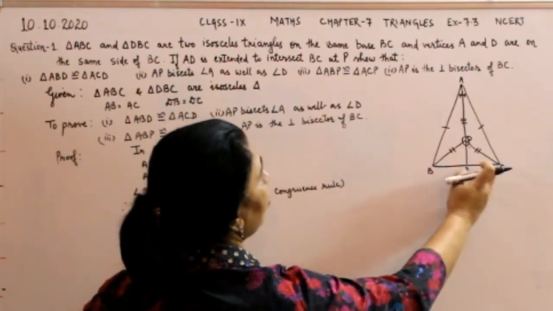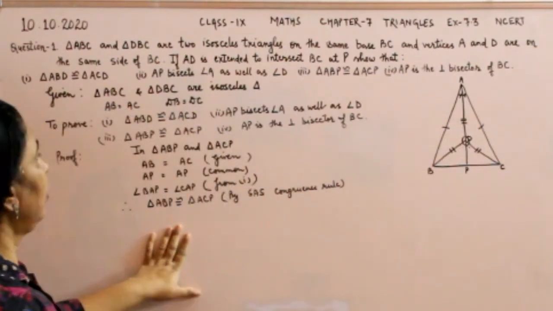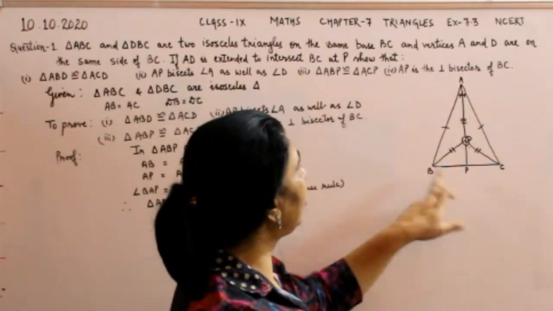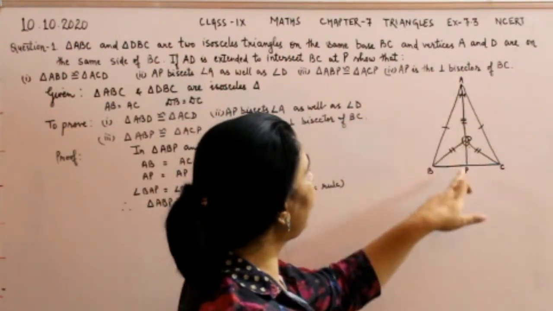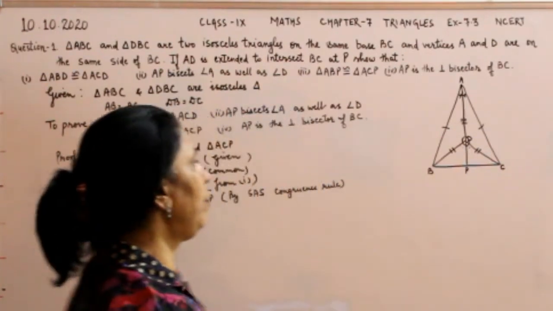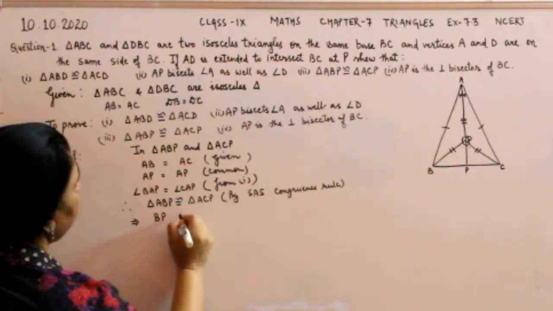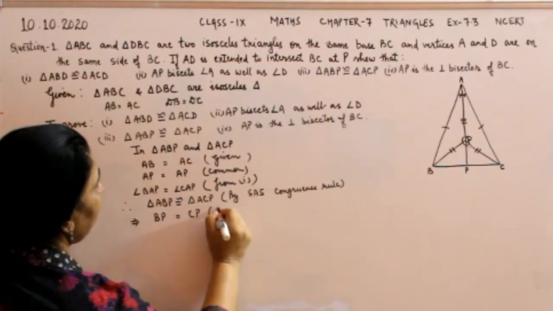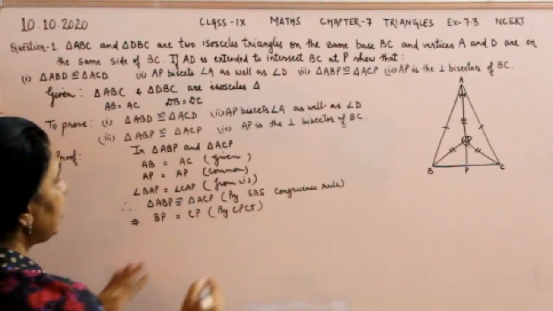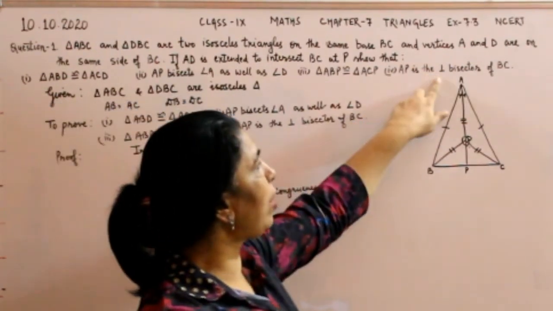Now that triangles ABP and ACP are congruent, what we have to prove now is that AP is the bisector of BC. When these two triangles are proved congruent, BP is equal to CP. This implies BP is equal to CP by CPCT. That means AP is the bisector of BC. But we have to prove it is the perpendicular bisector.